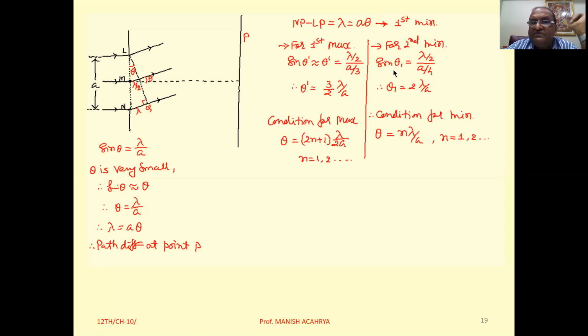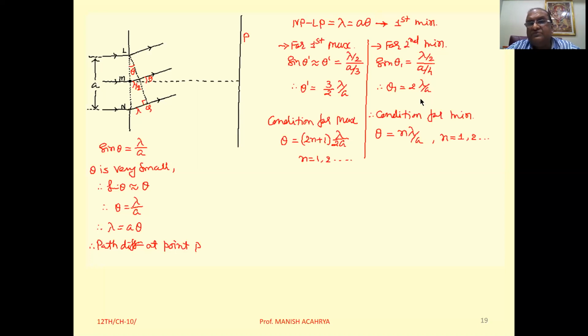Now for those waves, if we write sin theta 1, then the opposite for this first part is lambda by 2, but this is the hypotenuse. So here now we have to consider 4 parts of the slit. So the first part will be A by 4. So we can write therefore theta 1 equal to 2 lambda by A.